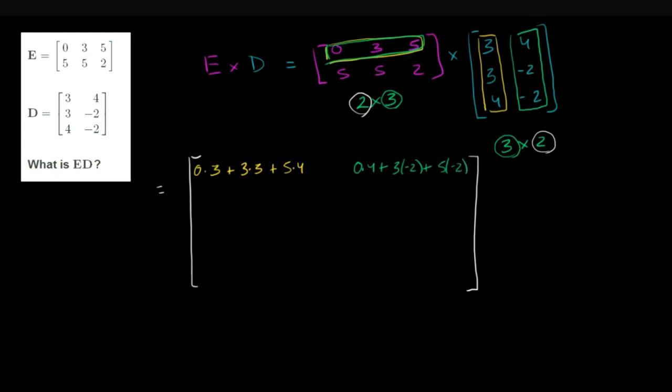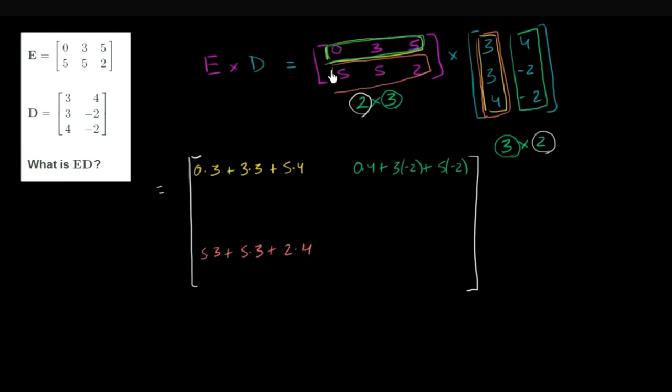And we keep going. The bottom left entry is going to be the second row here times the first column here. So it's 5 times 3 plus 5 times 3 plus 2 times 4. And we're almost done.